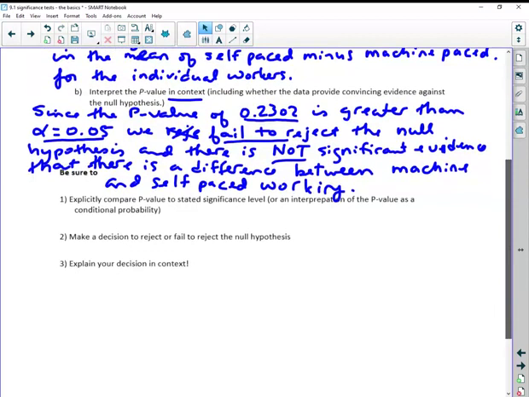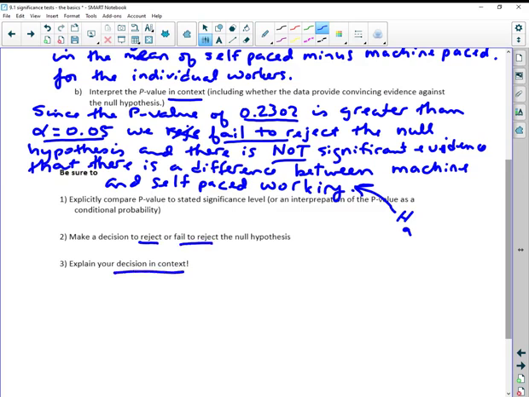We did not find that there was a statistically significant difference. Notice how I'm using my alternative hypothesis as my conclusion here and how these things are relating to each other. So make your decision, reject or fail to reject, and explain your decision in context, always using the alternative: you either have evidence there is, or there is not, depending on which situation happened.